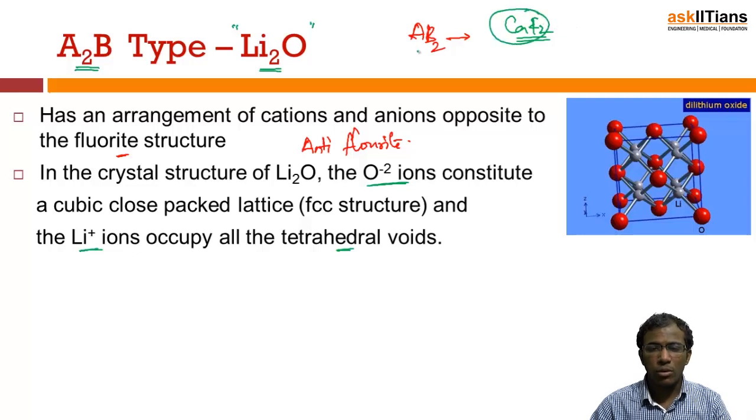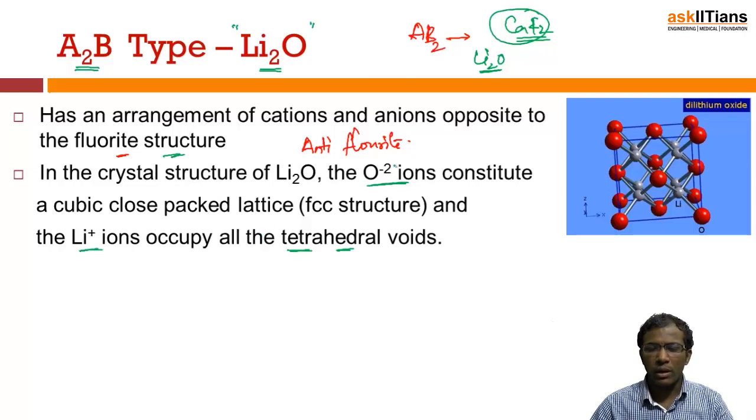But in lithium oxide, Li2O, the cations are occupying all the tetrahedral voids. So here the arrangement of cations and anions is exactly opposite of the fluoride structure. That's why this type of structure is known as anti-fluoride structure.